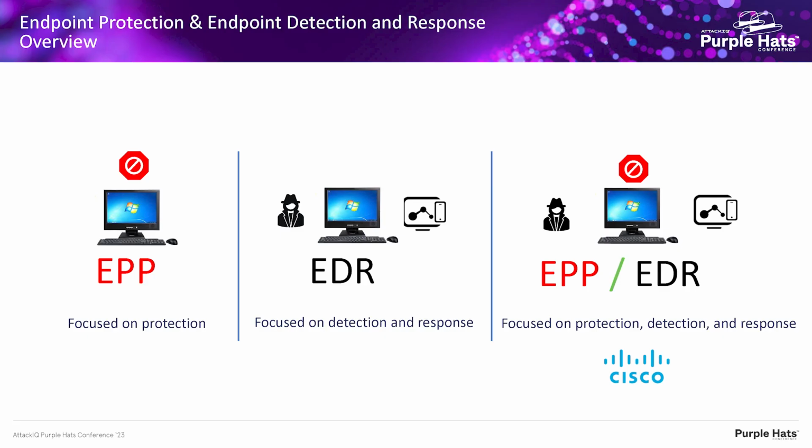So endpoint protection, this is traditional AV, right? There might be some other capabilities like blocking of USB ports and other components of protection on the endpoint, but that's the traditional protection capability that we've leveraged for many years on the endpoint. And then there was this evolution of endpoint detection and response, knowing we can't prevent 100% of everything. And so EDR came into play, and it was really complementary to endpoint protection platforms.